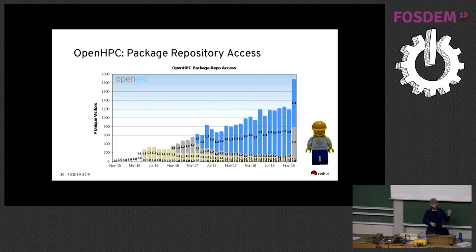Some people stay on the older releases. And the only thing we're not sure yet what's happening is that in the last month, a lot of people started to access 1.2. We're not sure what's happening there, but maybe it stops next month again, or we have to find out why people are still interested in 1.2.